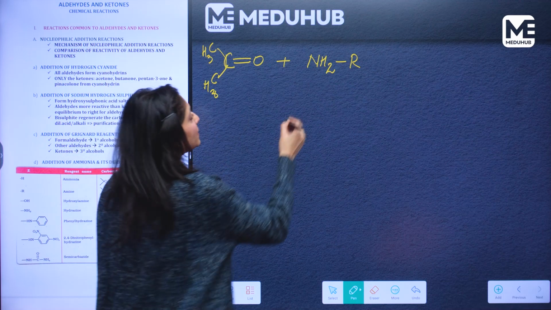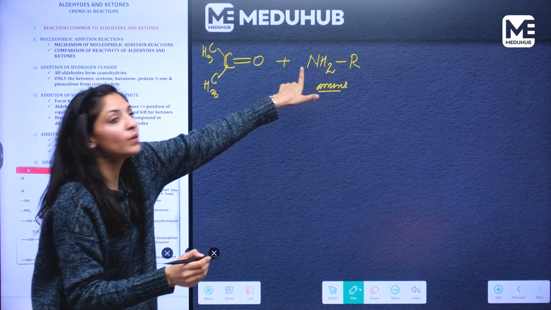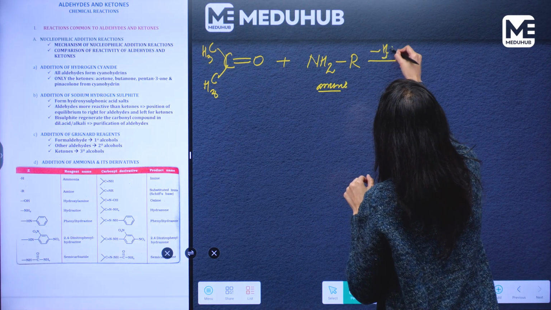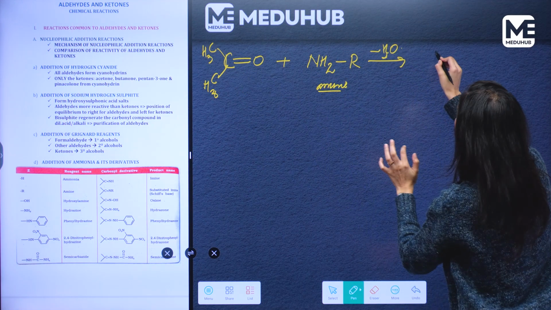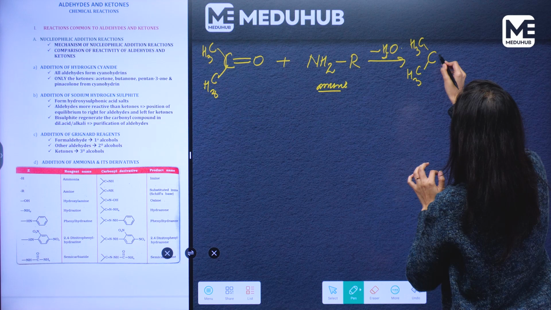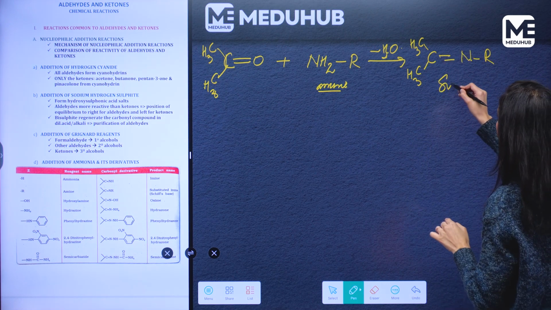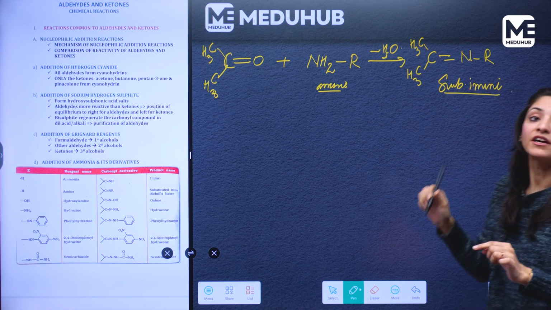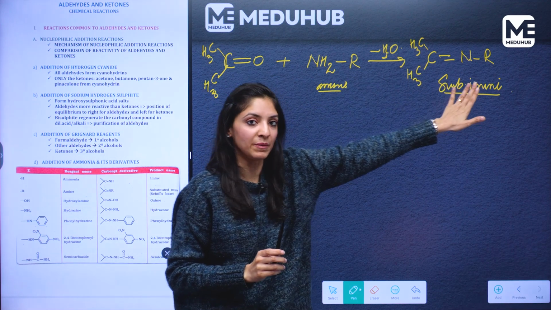That is a primary amine. That means an alkyl group is attached to NH2 here. These two hydrogens, this oxygen will go away and we will get a substituted imine, double bond nitrogen R. This is a substituted imine or a Schiff's base, right? So the reaction of a carbonyl compound with an amine gives a substituted imine.